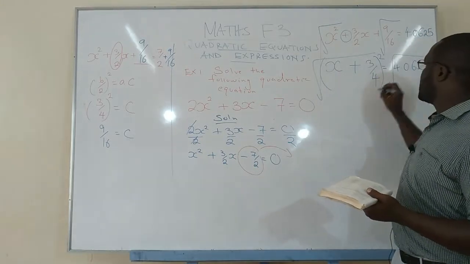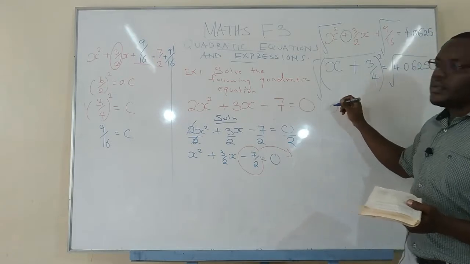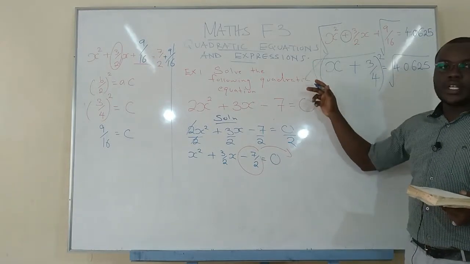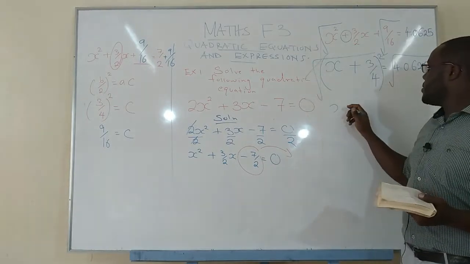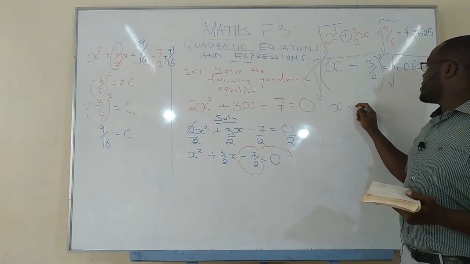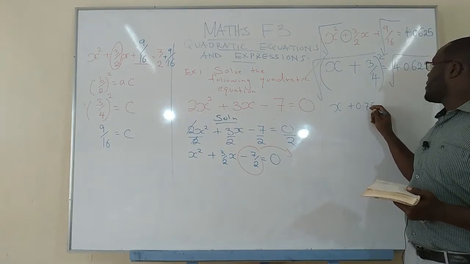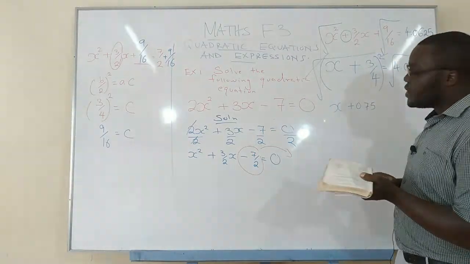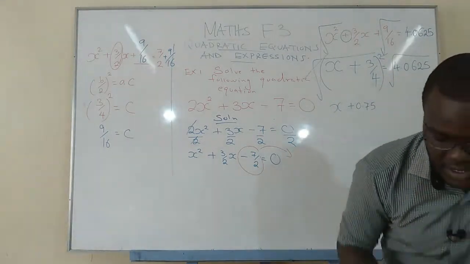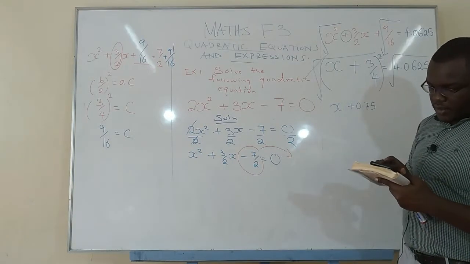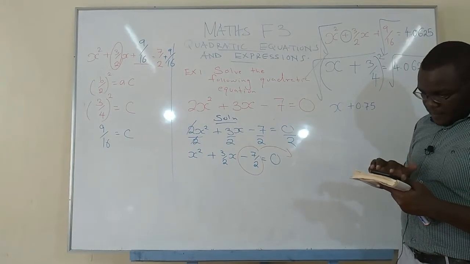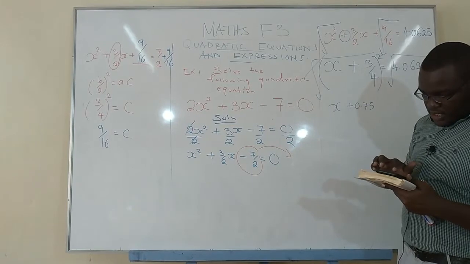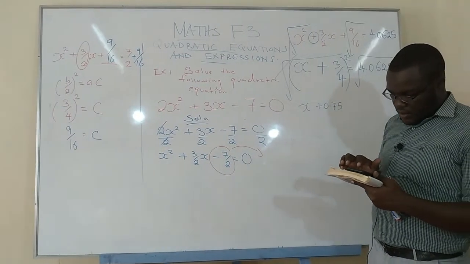So square root both sides, and what will happen here? The square root cancels the square. So we remain with x plus 0.75, which is also known as 3 over 4. Then the square root of 4.0625, let me pick my calculator again.